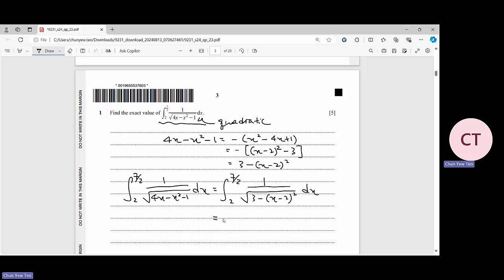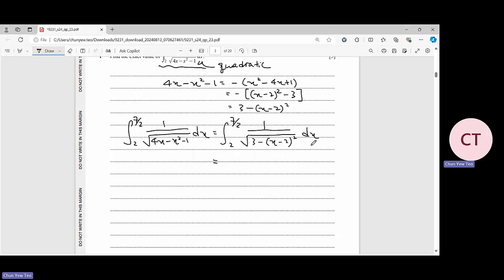With this form, you can refer to the formula booklet, MF19. We have the integral of 1 over the square root of a squared minus x squared dx. The answer will be the arcsine of x over a. So we will be using this formula from the formula booklet MF19.